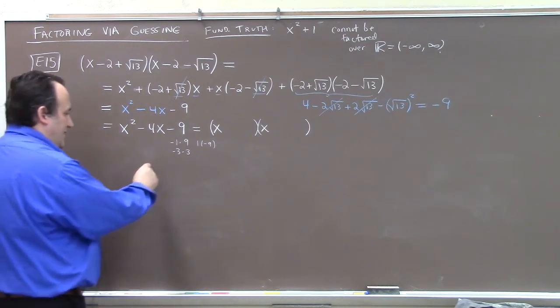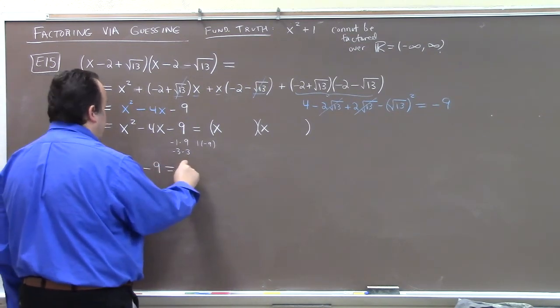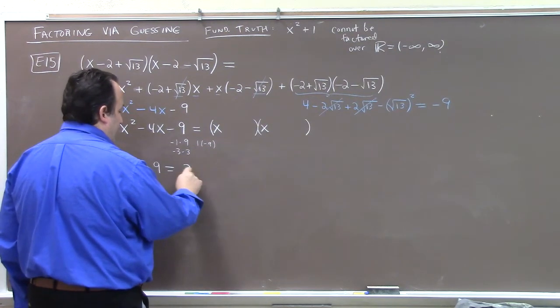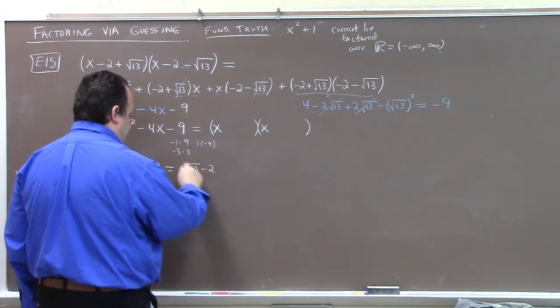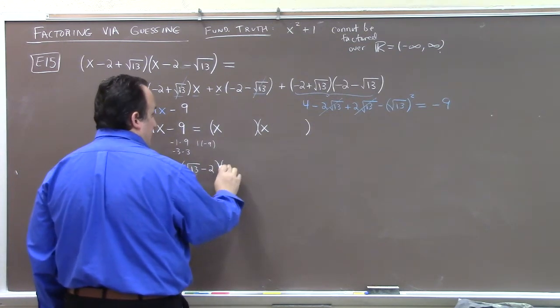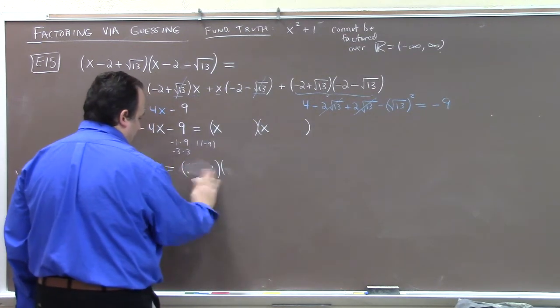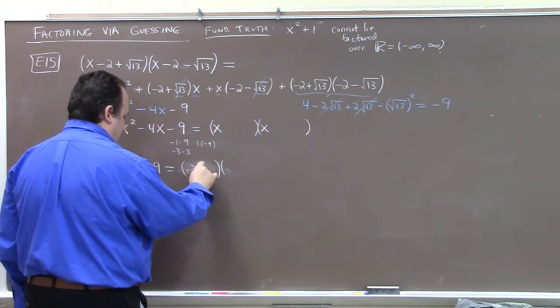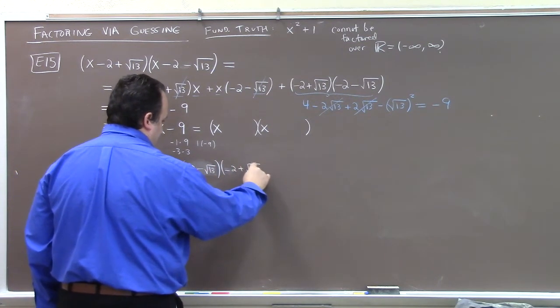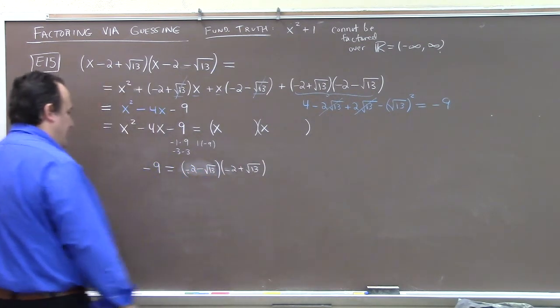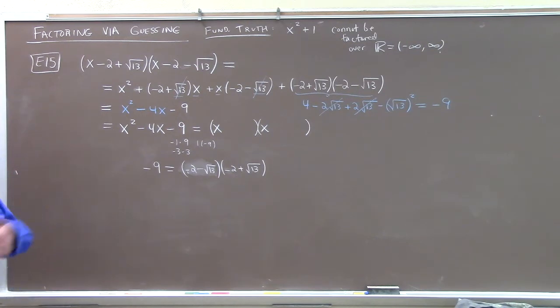So the thought that minus 9, it's obviously equal to minus 2 minus the square root of 13 times minus 2 plus the square root of 13. Like, everybody knows that minus 9 can be written as a product of that number and that number, right? No, right?